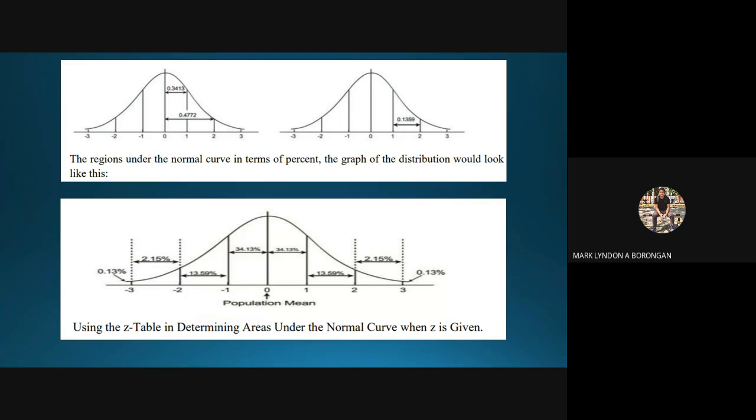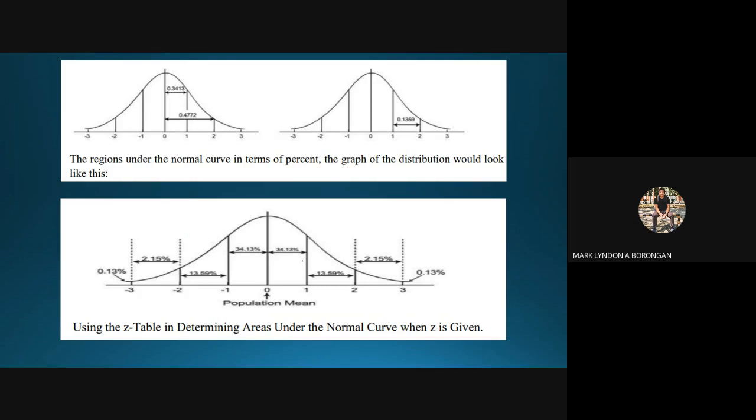So if you subtract, you get the distance from 1 to 2, which is 0.1359.